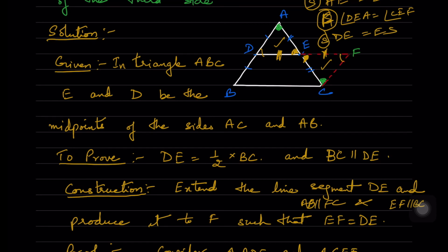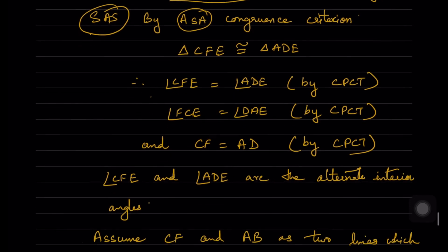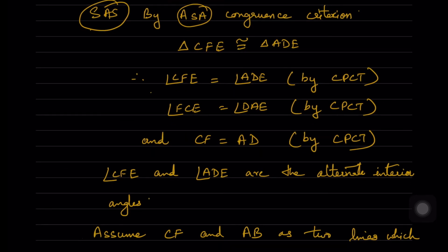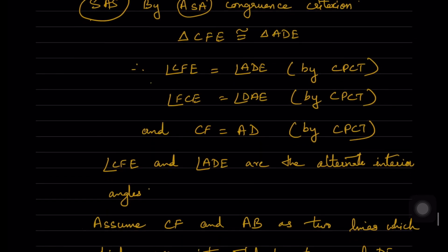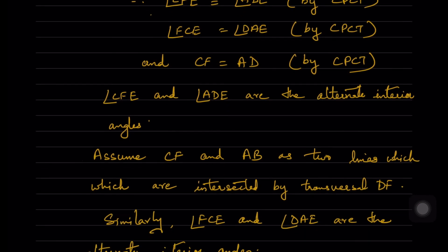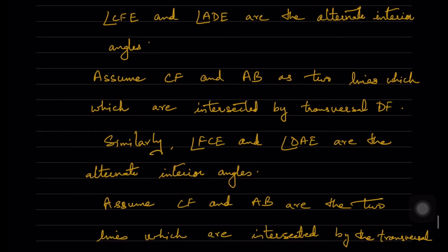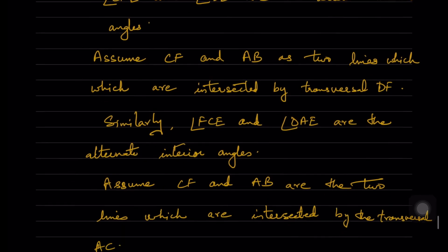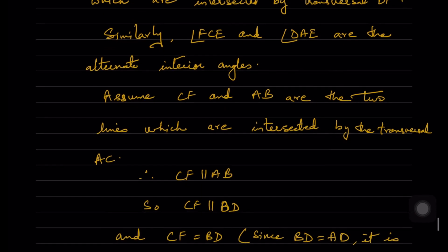So therefore you are getting that angles CFE and ADE are alternate interior angles. Assume CF and AB are two lines which are intersected by transversal DF. Similarly, FCE and DAE are alternate interior angles. Assume CF and AB are the two lines which are intersected by the transversal AC. If I draw the triangle here, you can understand it better.